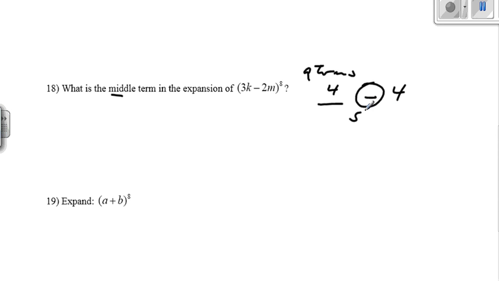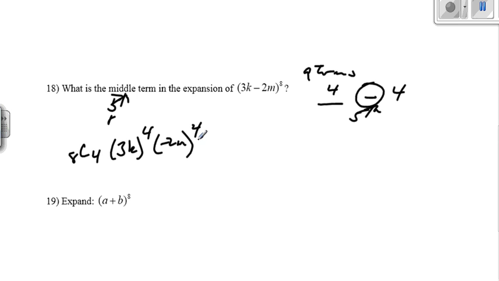So we're looking for the 5th term. So that's r. So now we have 8C4, 3k to the 4, negative 2m to the 4, which gives us 70 times 81 times 16, which is 90,720 k to the fourth m to the fourth. Good.